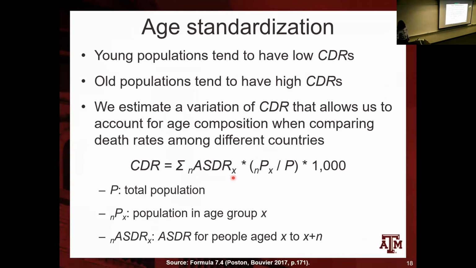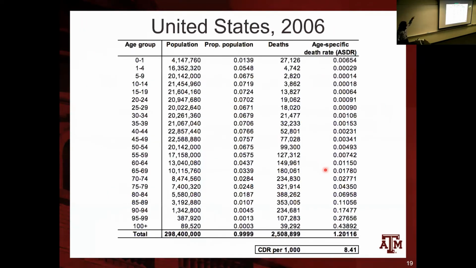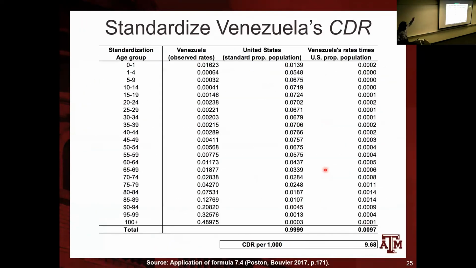I'm just multiplying. Then I'm going to add everything and then multiply by 1,000. Back to the table. I multiply each one of them. Now I will add everything equals 0.0097. And then I multiply by 1,000.